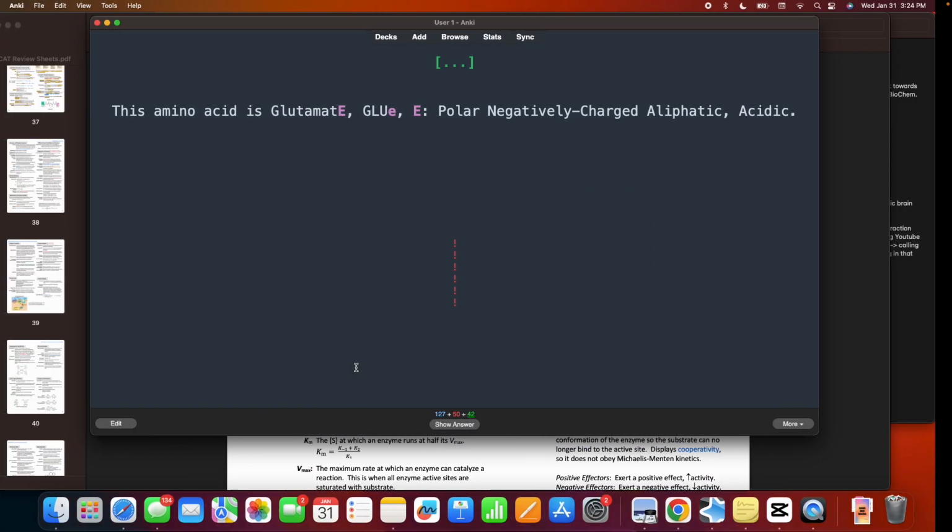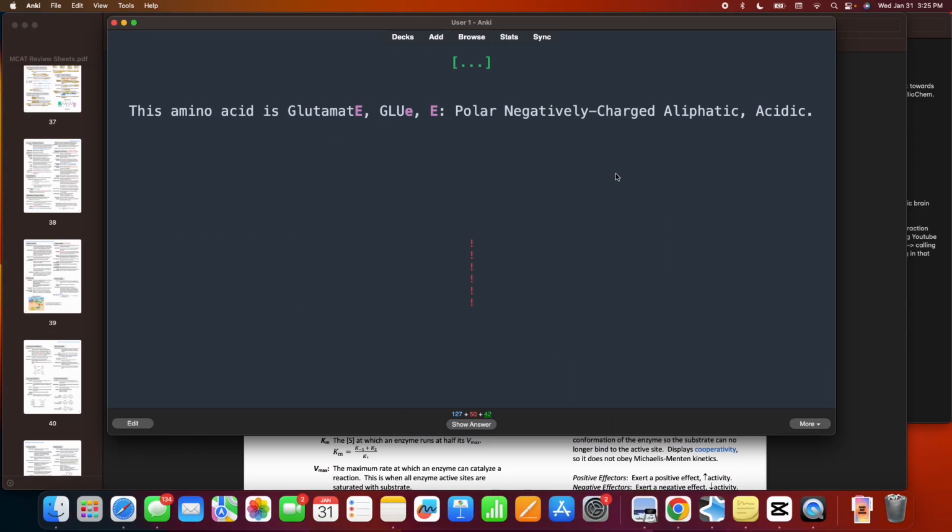There's more, because glutamate is aliphatic. We know glutamate has one more branch than aspartate, and this is acidic, so it's negatively charged. The basic ones with the NH3 plus are positively charged.